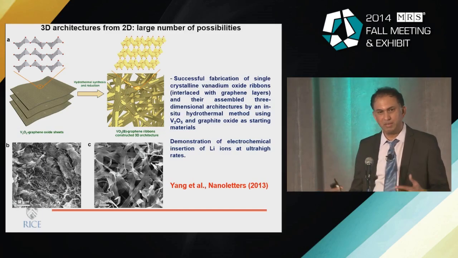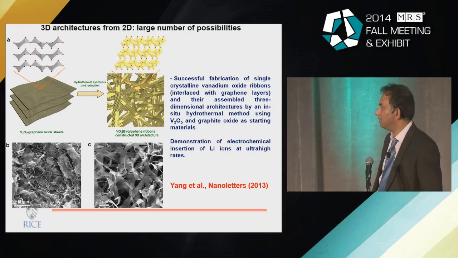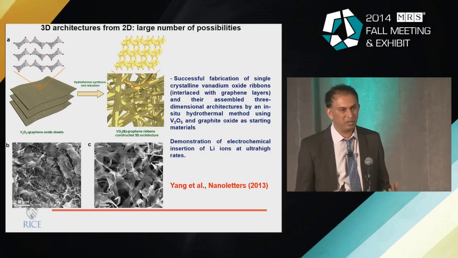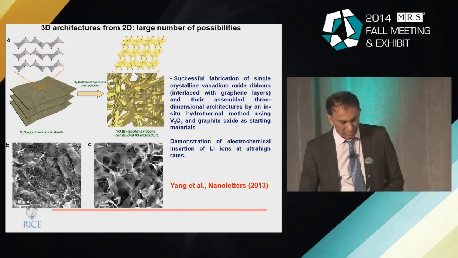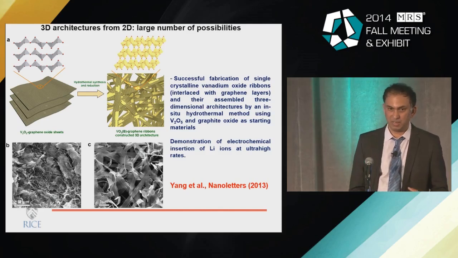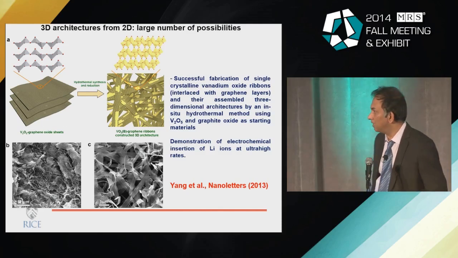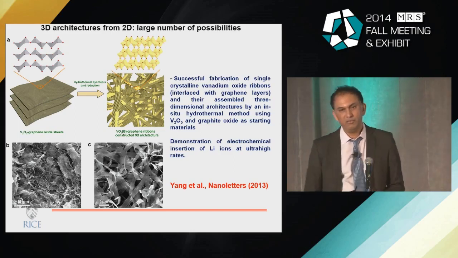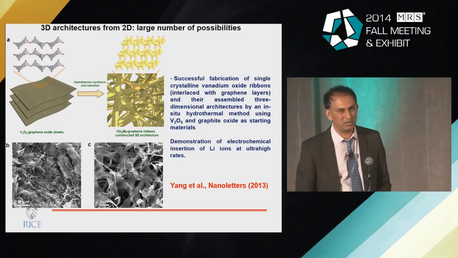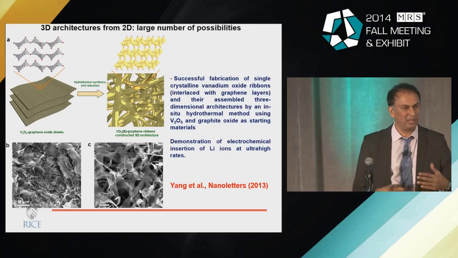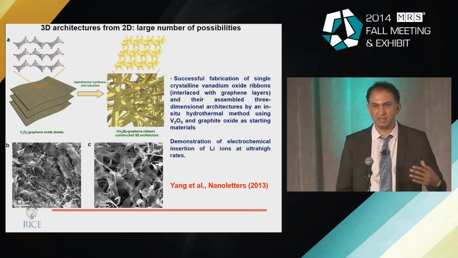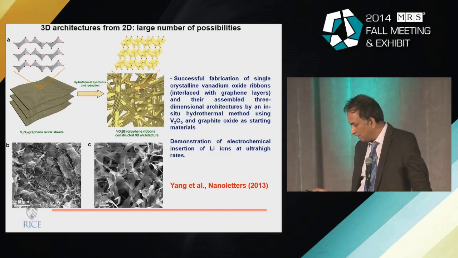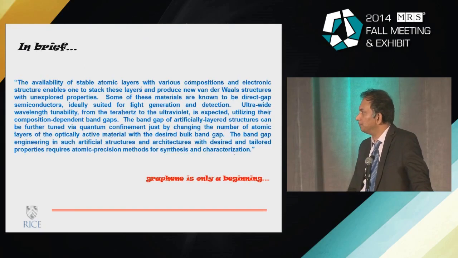Again, these ribbons of vanadium oxide layers have been laced through with a graphene layer, which makes it a very good and interesting battery electrode material. Oxides are good as an electrode, but they are not conducting. So if there is a good way of weaving together the different materials in 2D so that you can embed different functionalities like conductivity, capacity, then you can really build fascinating architectures that could be of use.